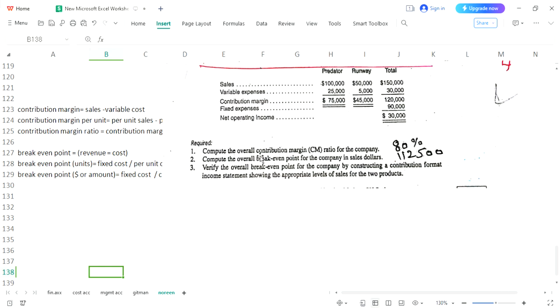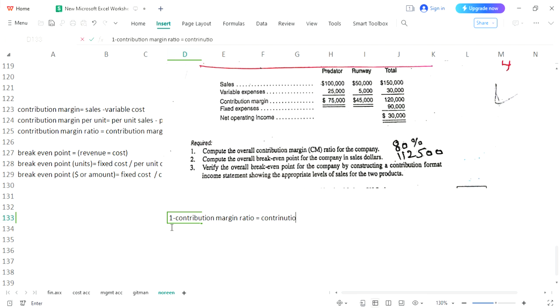Compute overall contribution margin. As we have already discussed, contribution margin ratio would be calculated when you take contribution margin and divide it by sales.